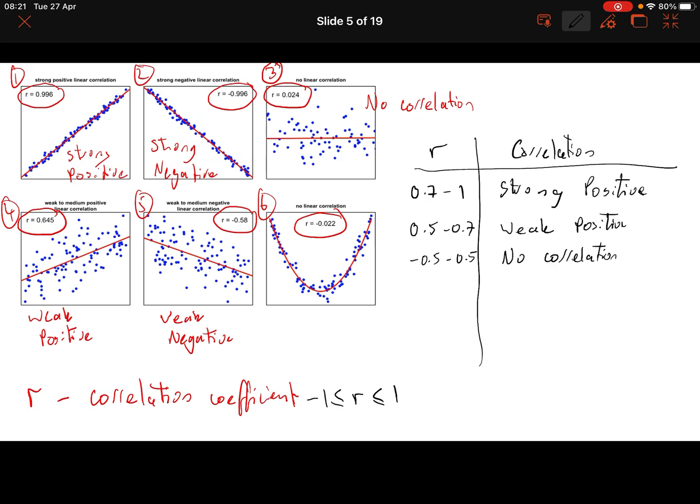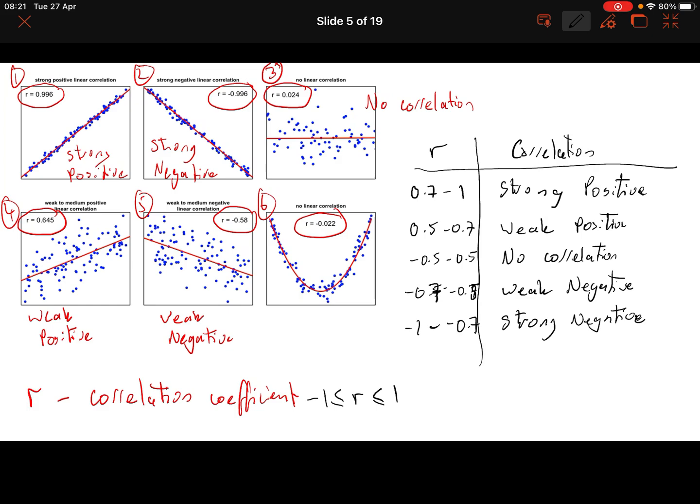And anything between minus 0.7 and minus 0.5 is a weak negative correlation. And anything from minus 1 to minus 0.7 is a strong negative correlation. So we can actually put a number on it. This R is putting the number on it.